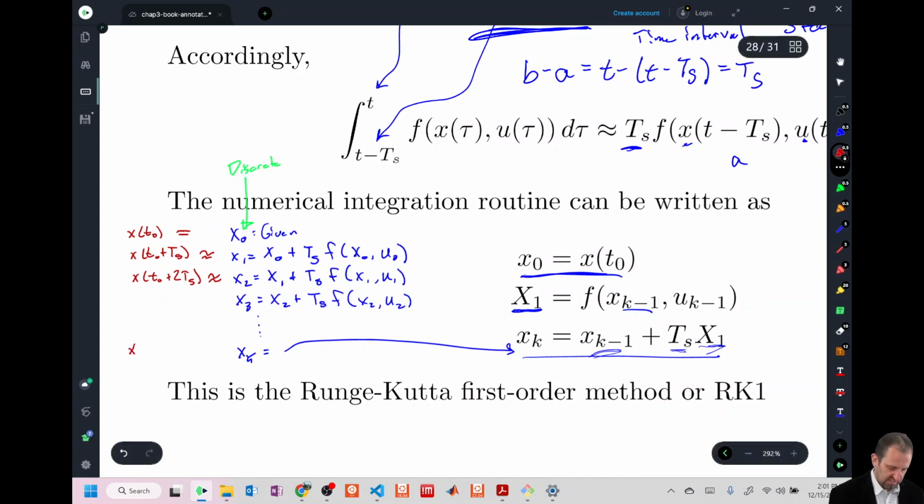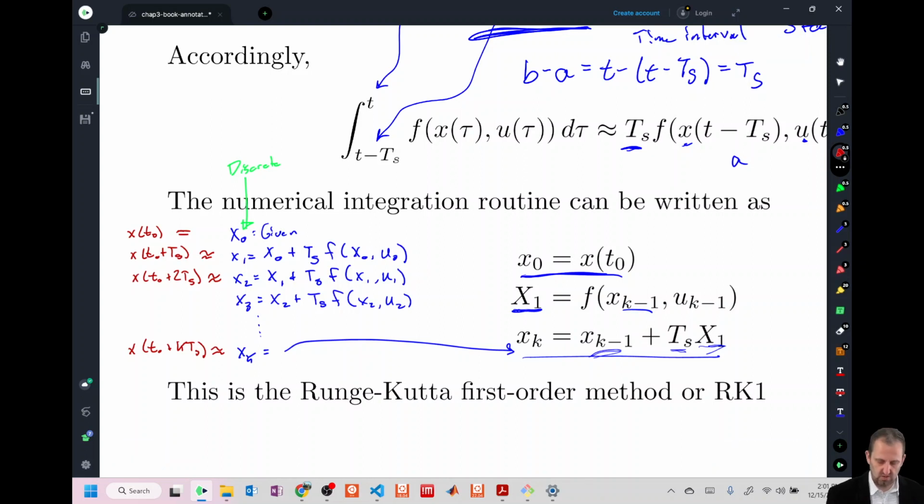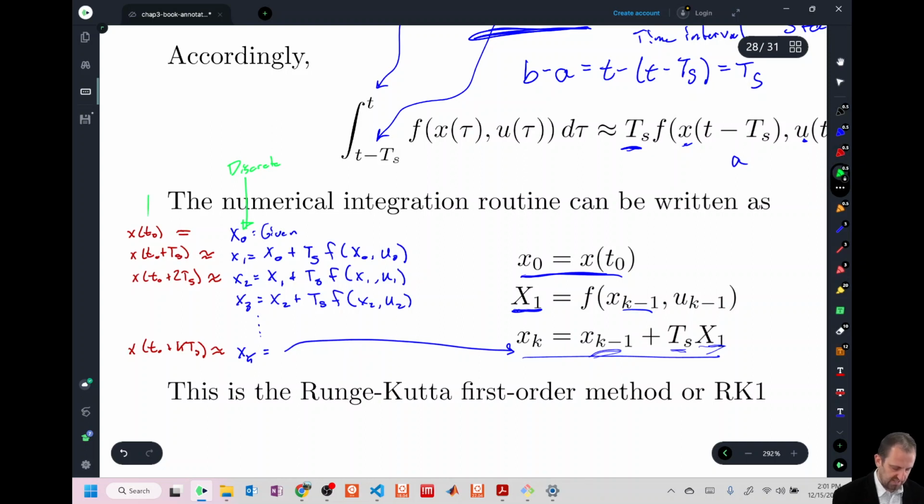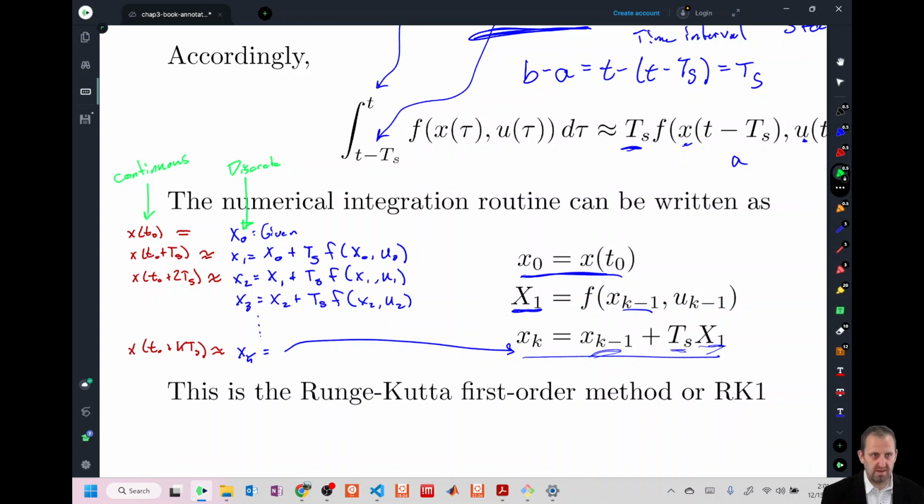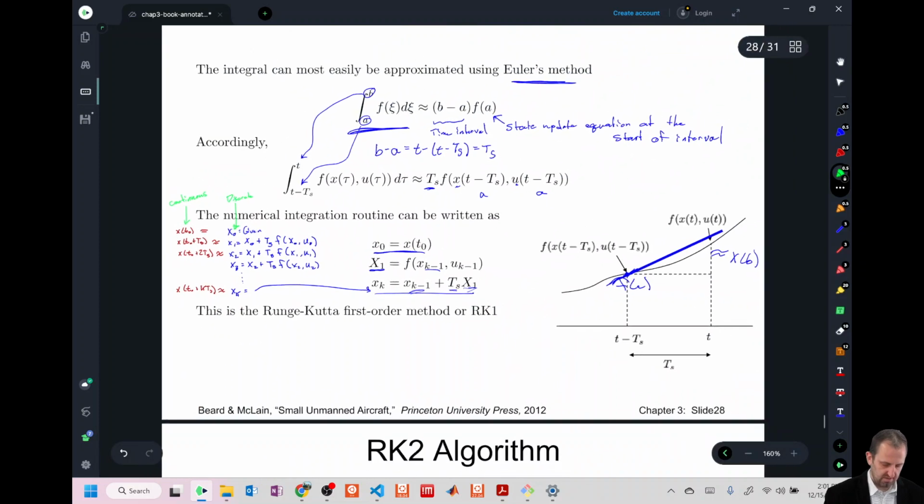And so x at time t naught plus k ts is approximately equal to this guy right there. So we have our discrete representation, but it represents our state at discrete points in time, and those points in time are given and established.